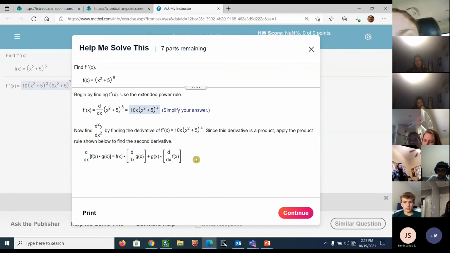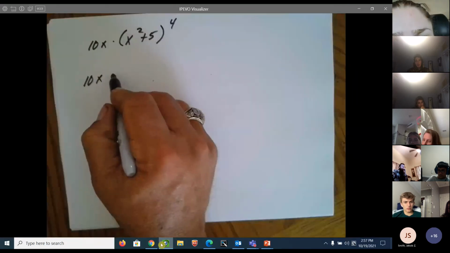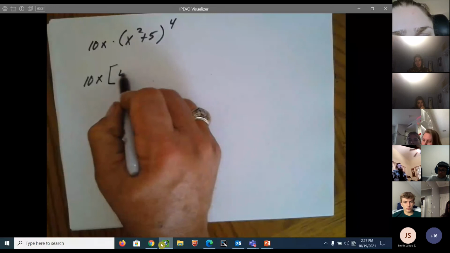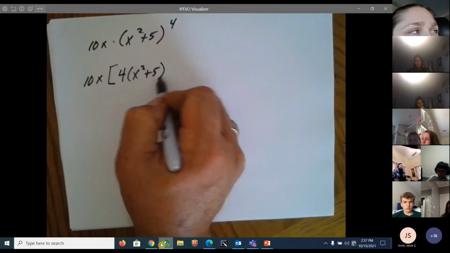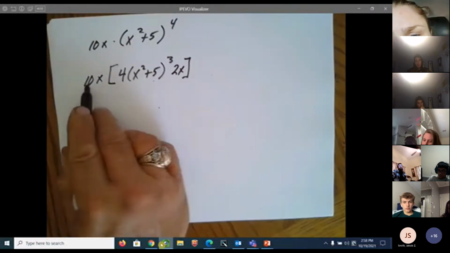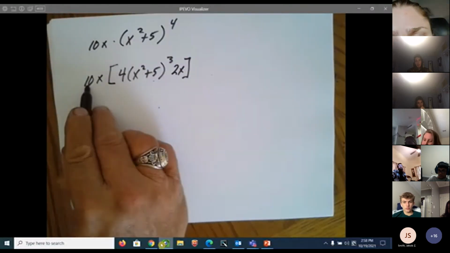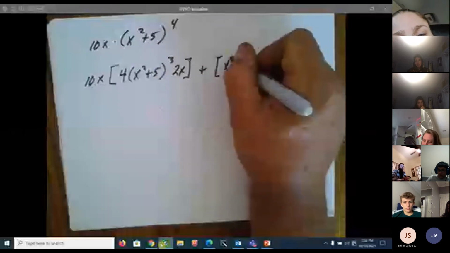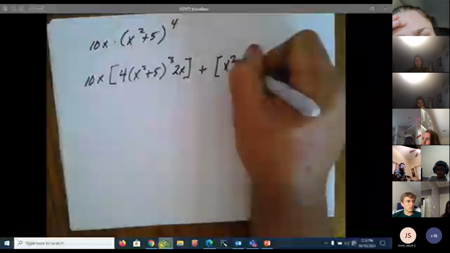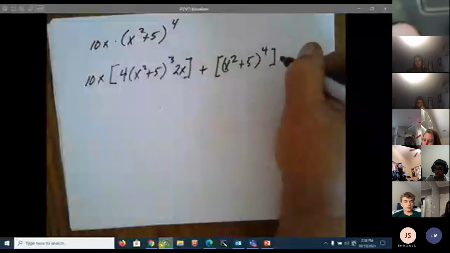First times the derivative of the second, 4 (x squared plus 5) to the third power times 2x. First times the derivative of the second plus the second times the derivative of the first.